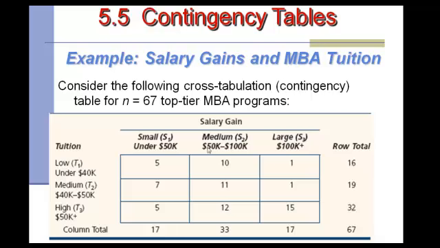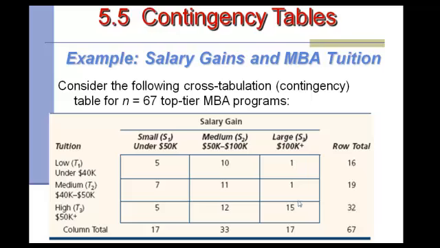Then there were the medium salary gains from $50,000 to $100,000, and that was 33 institutions whose graduates had a medium salary gain. So 33 out of 67. And then a large salary gain, meaning more than $100,000. Well, there weren't many. There were only 17 out of the 67.